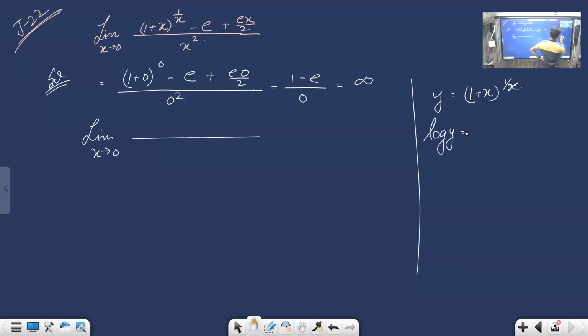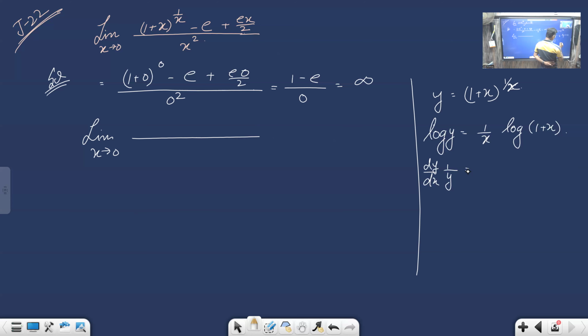So log y is 1 by x log(1 plus x). Let's differentiate. So log y gives 1 by y, but with that, you need to add dy by dx, because this term doesn't contain x in it, implicit.